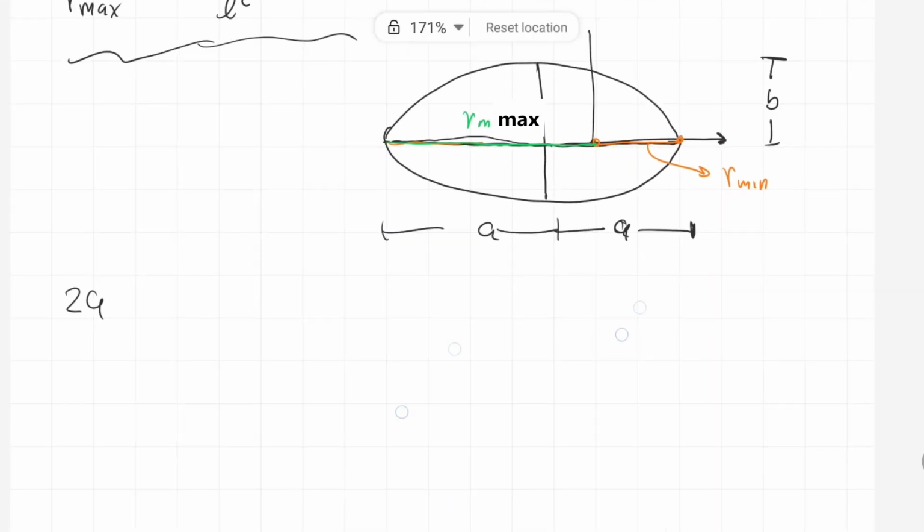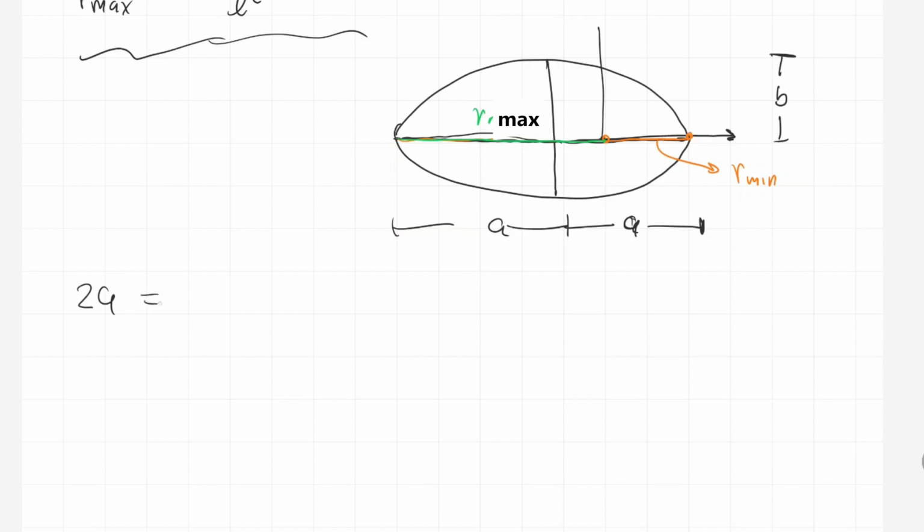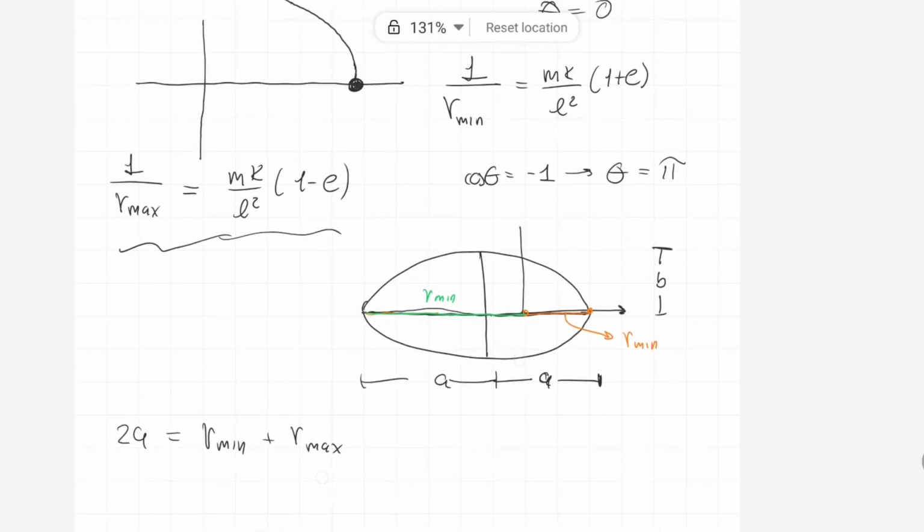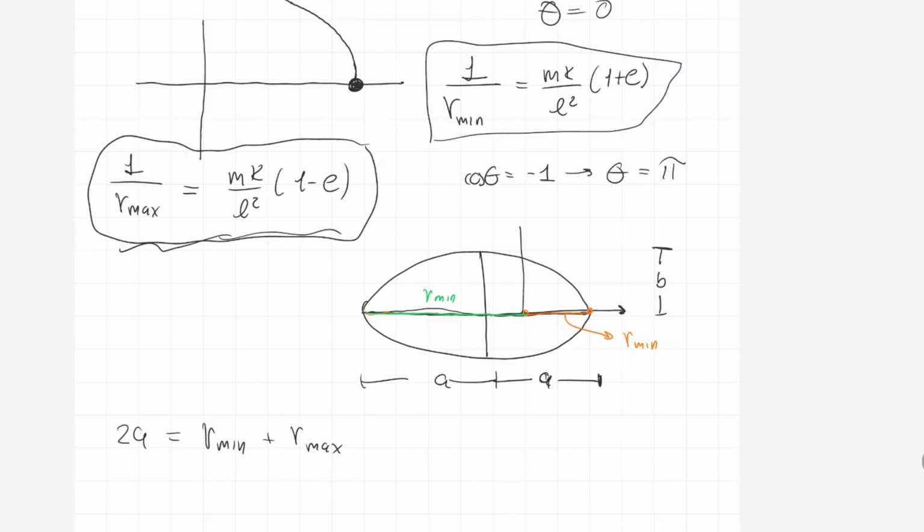So it is very easy to notice that 2a is going to be equal to r minimum plus r maximum.